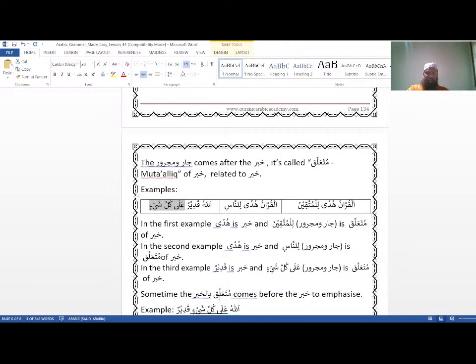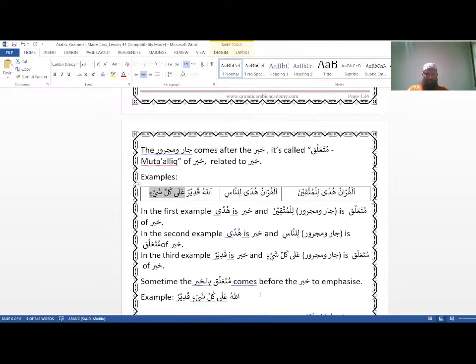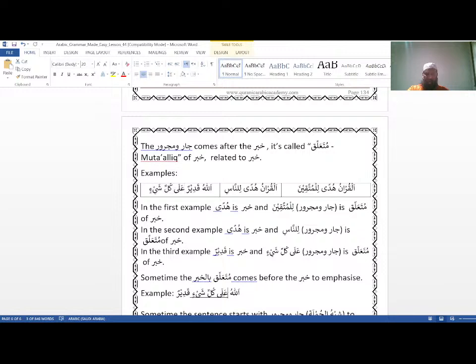Sometimes the muta'alliq of khabar, which is lin-nasi or ala kulli shay'in, comes before the khabar to emphasize, to give us more meaning. Example, Allahu ala kulli shay'in qadirun. What is the khabar? Khabar is at the end here, qadirun. So this is the muta'alliq. Muta'alliq comes before the khabar to give a stronger meaning.